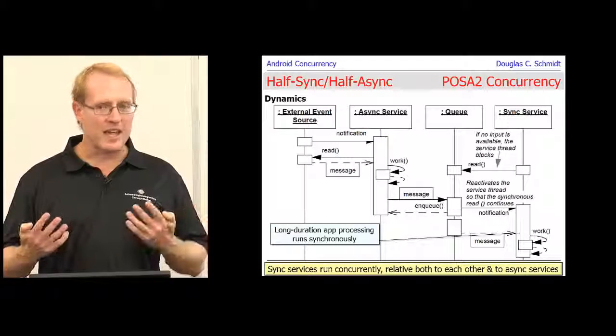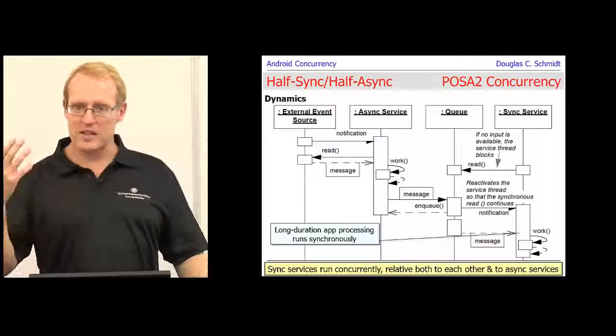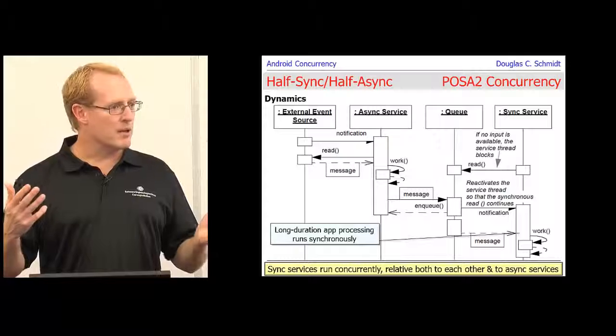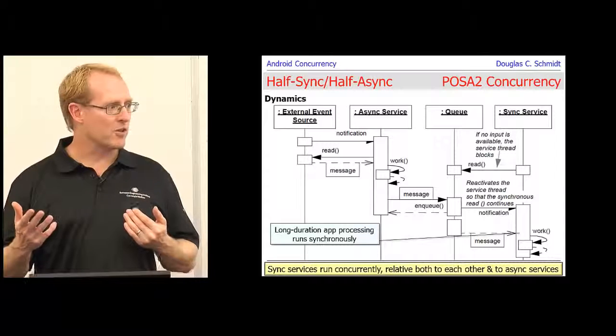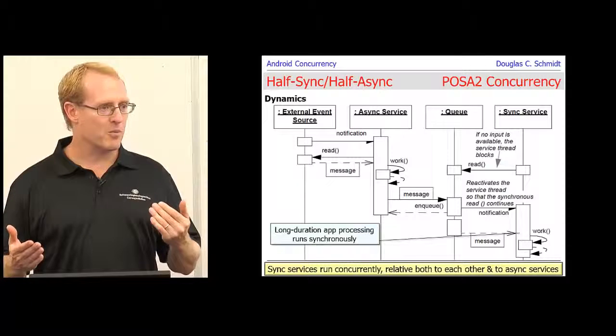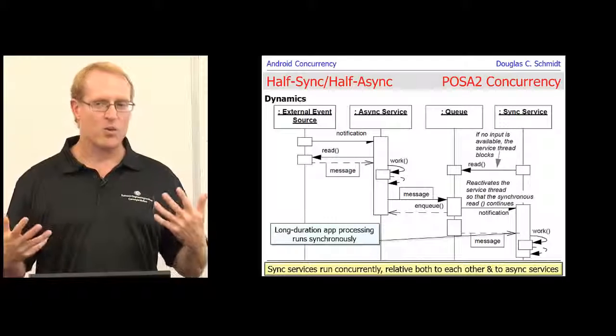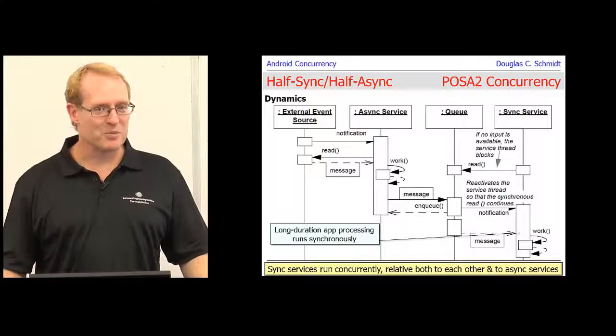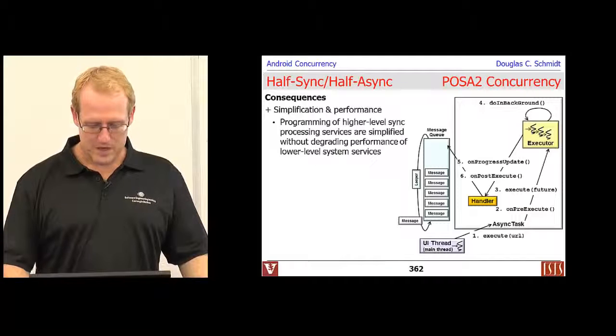So it's often the case that things in the async layer and things at the sync layer communicate purely by passing messages back and forth. And you'll get a bit more of a flavor of that when we take a look at how the async task framework behaves, because that's kind of how it works. It's hidden from you by and large, but that's what it's doing under the hood.